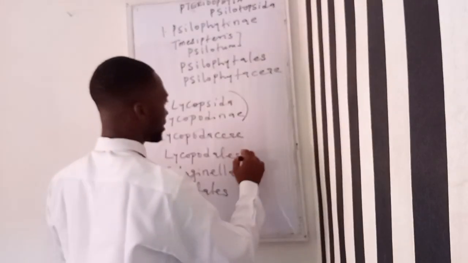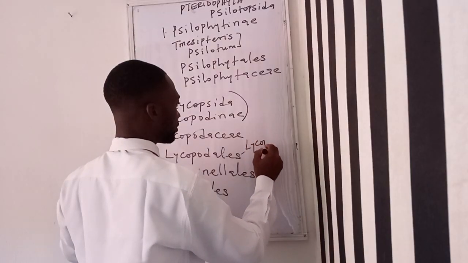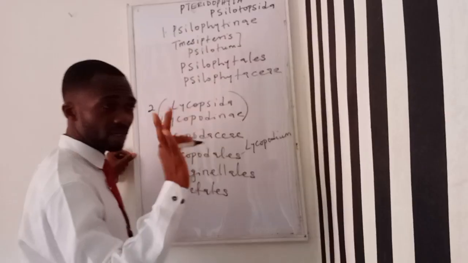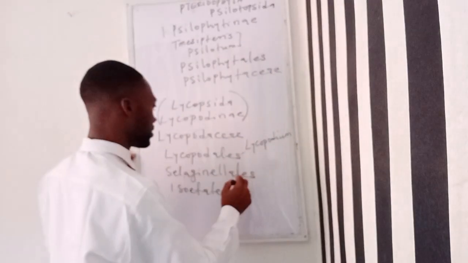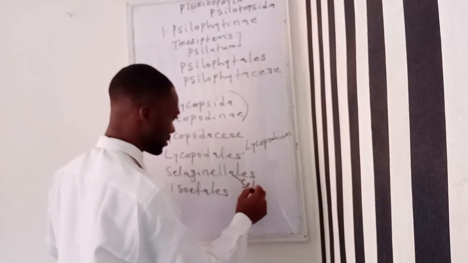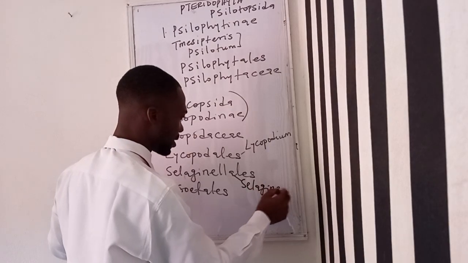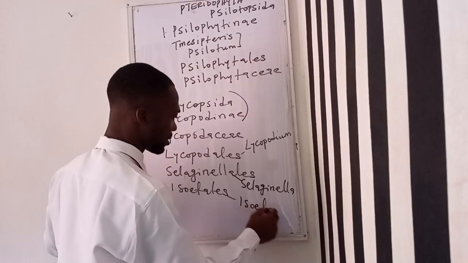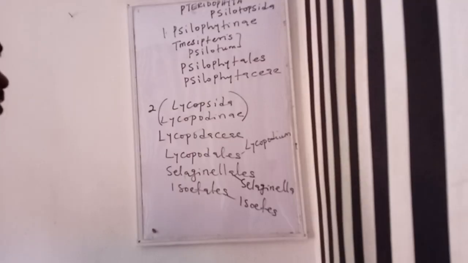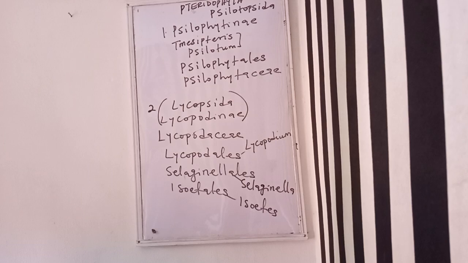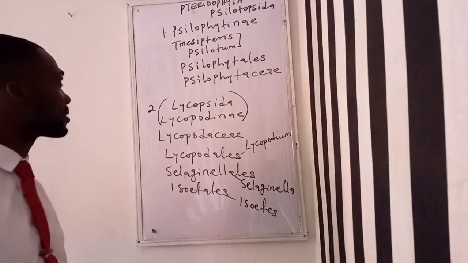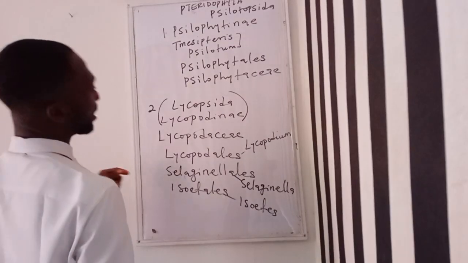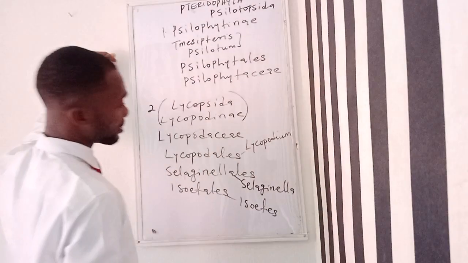So this is where you now see Lycopodium as a genus. So it has 3 orders and 3 genera. Then this way you see Selaginella. Then this way you see Isoetes. So that is the second class of Pteridophyta.